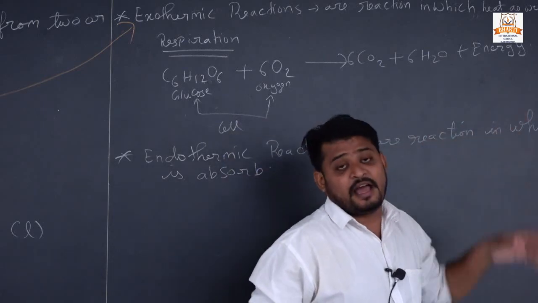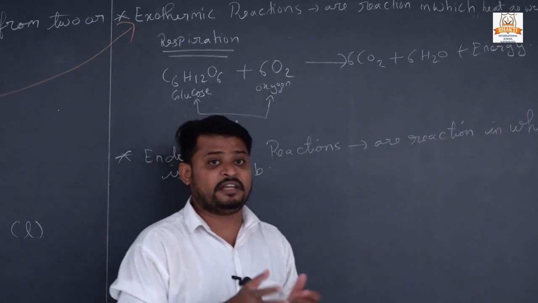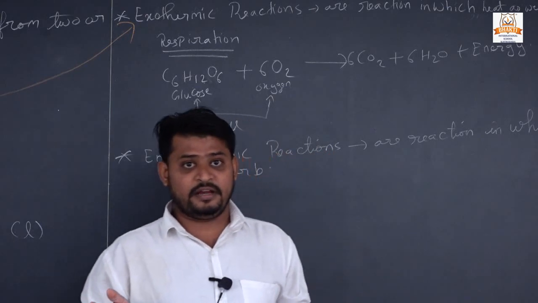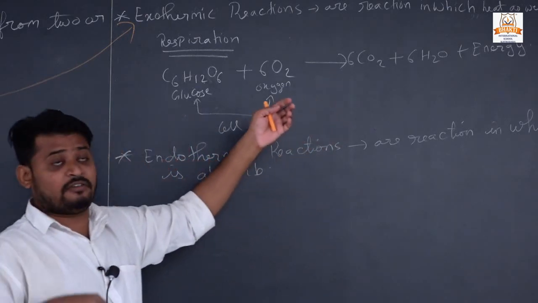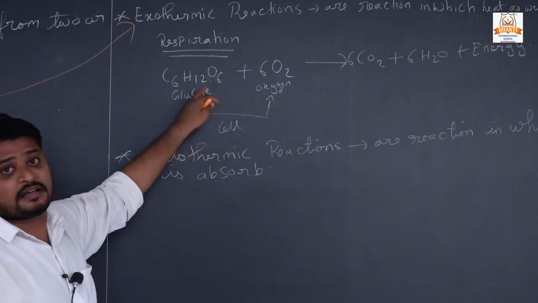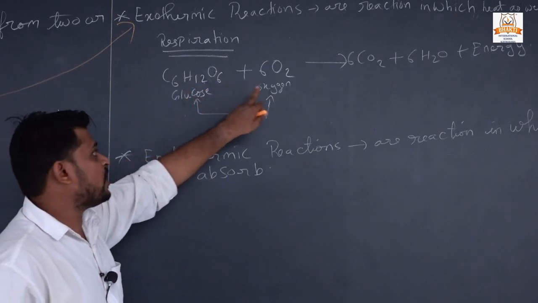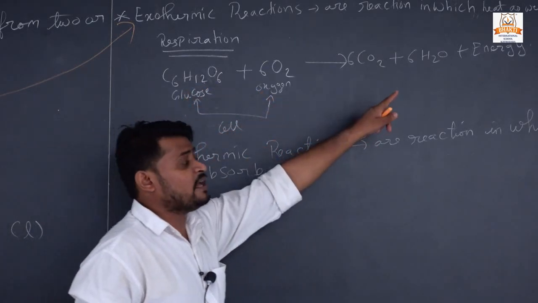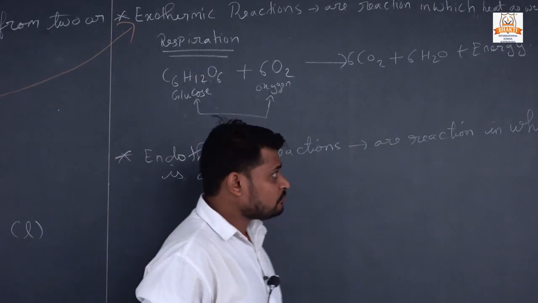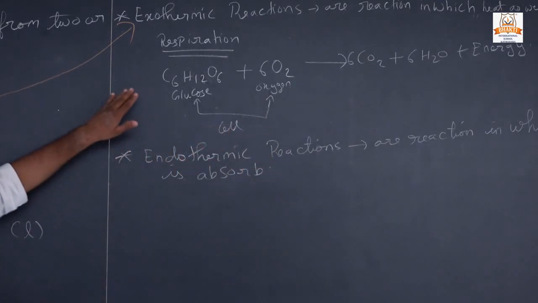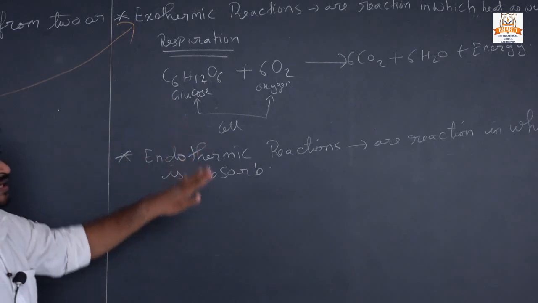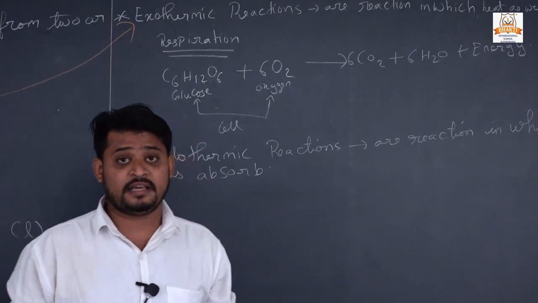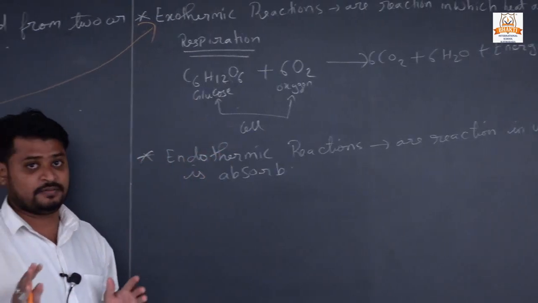And energy. If we didn't eat, we wouldn't get energy, right? Whatever we eat is converted into glucose, and glucose and oxygen react and give us energy to do work. Now understand what an exothermic reaction is: a reaction in which heat or energy is released.